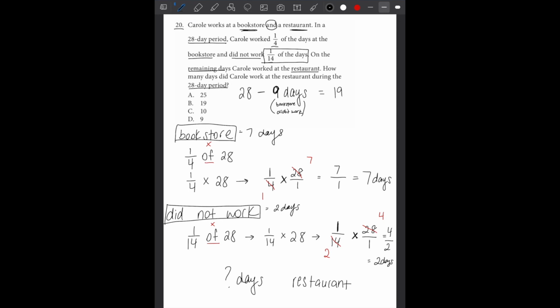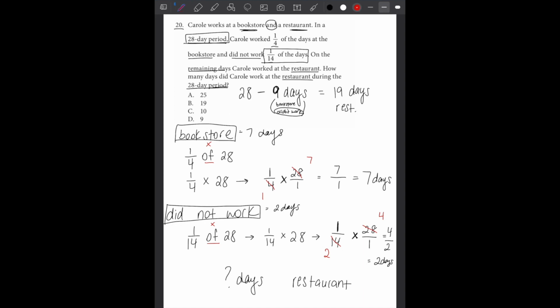We subtract that and we get 19 days. These are the days that she worked at the restaurant. And the question again says, how many days did she work at the restaurant during the 28-day period? Even though we added the 2 days that she did not work, that is still included in that 28-day period.